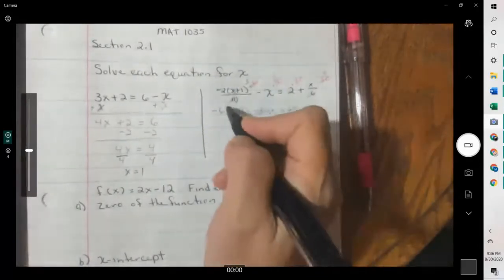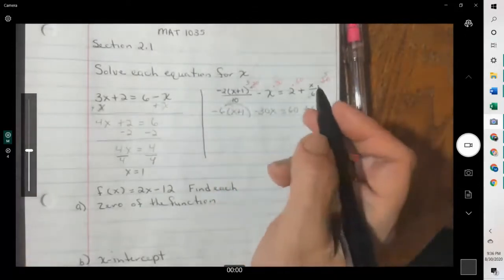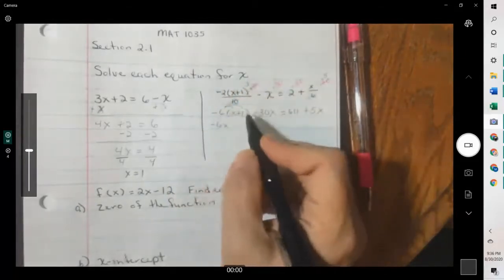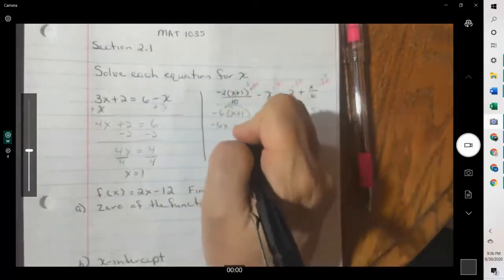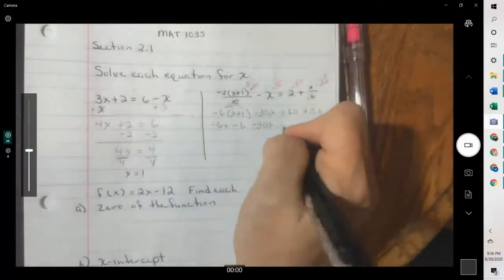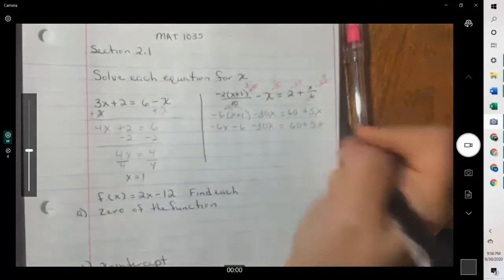When you're solving, get rid of your parentheses first. Negative 6 times x is a negative 6x. Negative 6 times 1 is a negative 6. Minus 30x equals 6 plus 60 plus 5x.